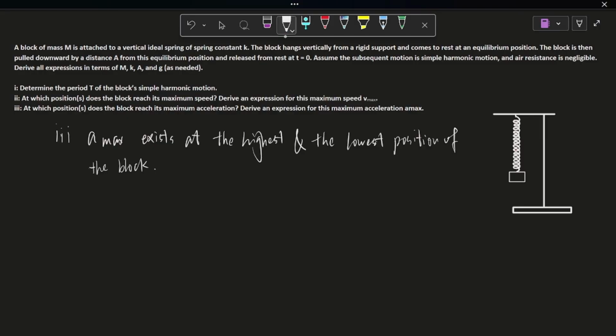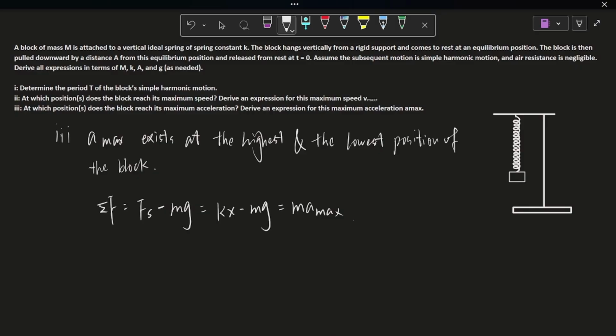So in that situation, for kx, we can just use one of the positions. I would just use when the object is at its bottom position. The spring force is going up, so that force will be kx, no, Fs, minus mg, and kx minus mg is equal to m a max.